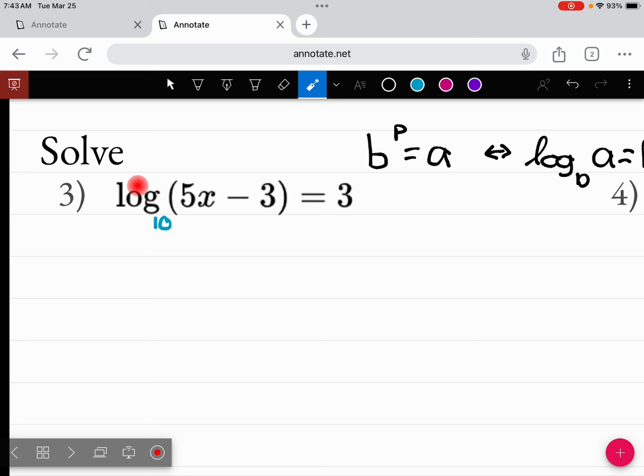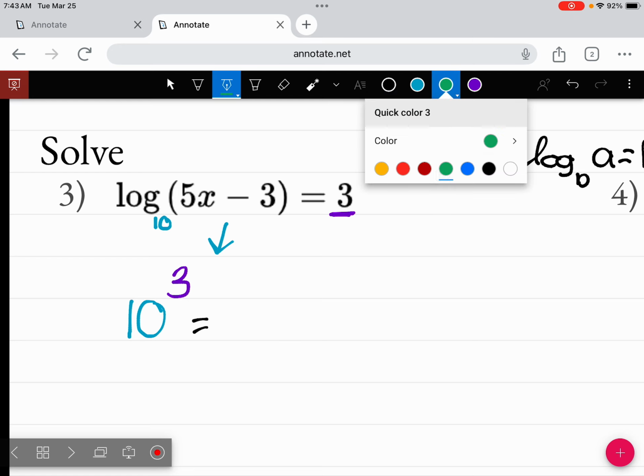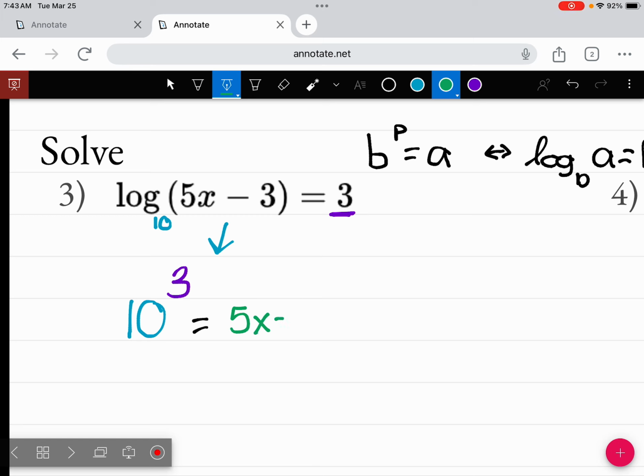So we have here log base B of our argument equals the power. Switching this into exponential form, we get our base of 10 to our power of 3 equals that argument of 5x minus 3.